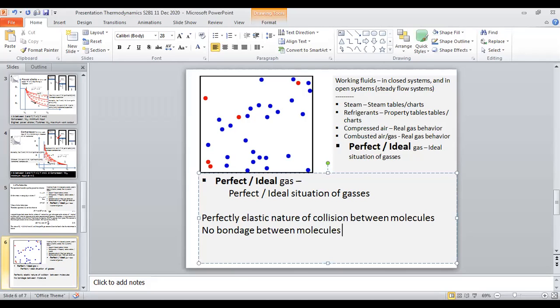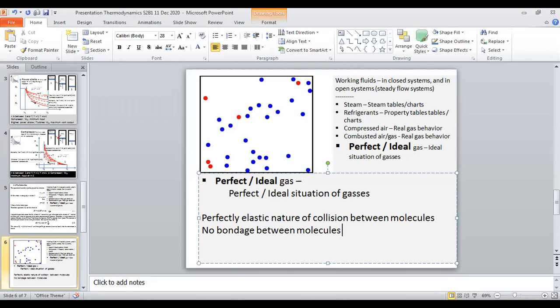Molecules means no bonds, because molecules are formed by more than one atom. Here there is no bondage between molecules, because, for example, water remains together, even water remains as clouds.